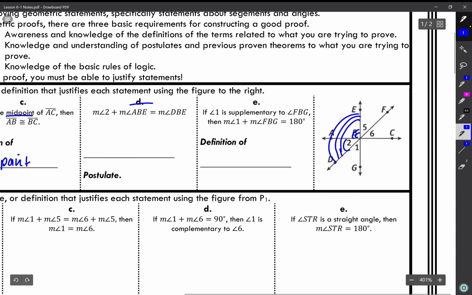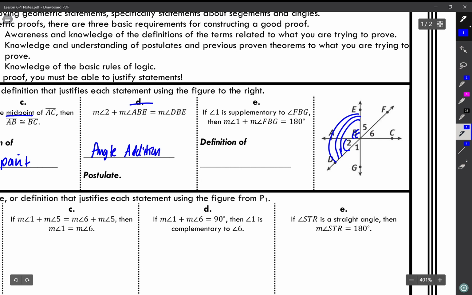So I know that there's a postulate that tells me if I add the measures of the two smaller angles, I get the measure of the outside angle. And so we're talking about adding two things together. So this is the angle addition postulate.